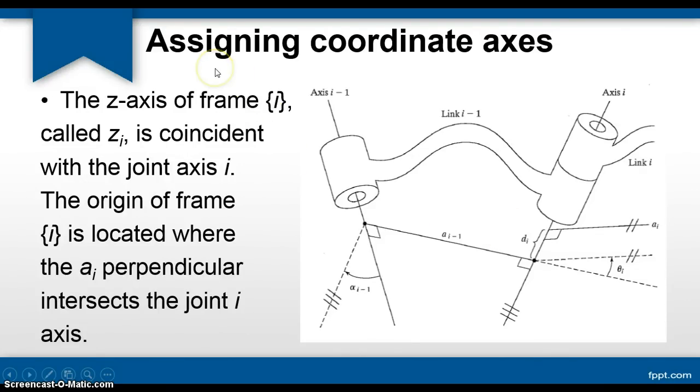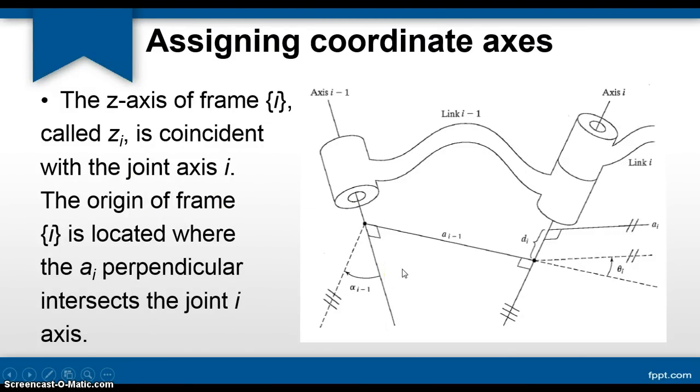Now after determining the DH parameters, it is necessary to assign coordinate systems, which will be our beginning in the subsequent step of identifying coordinate transformation. So the Z axis of frame i, which we assign as Z i, is coincident with joint axis i. The origin of this coordinate system i is located where the link length intersects the joint axis.